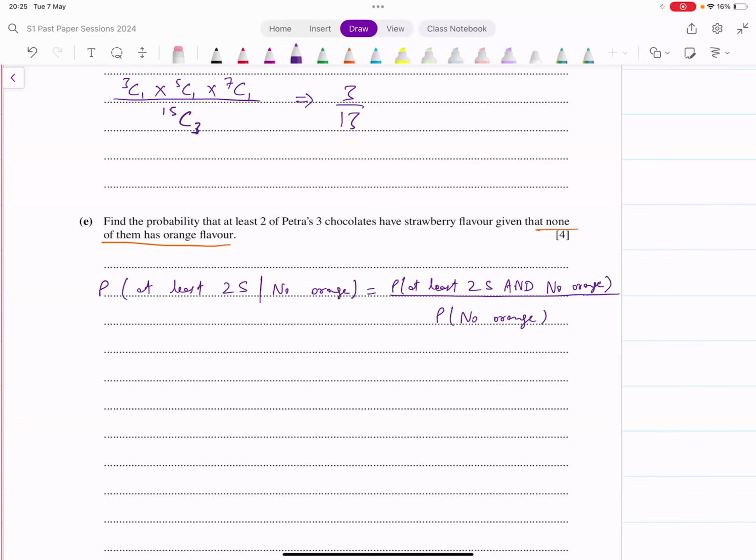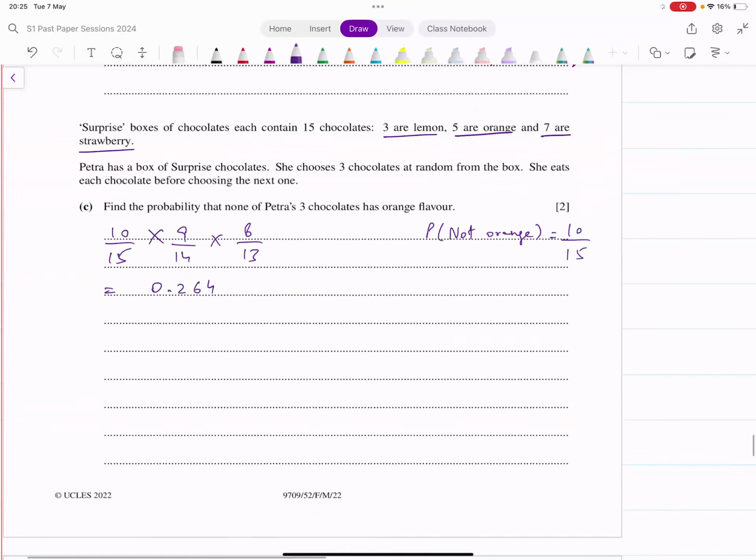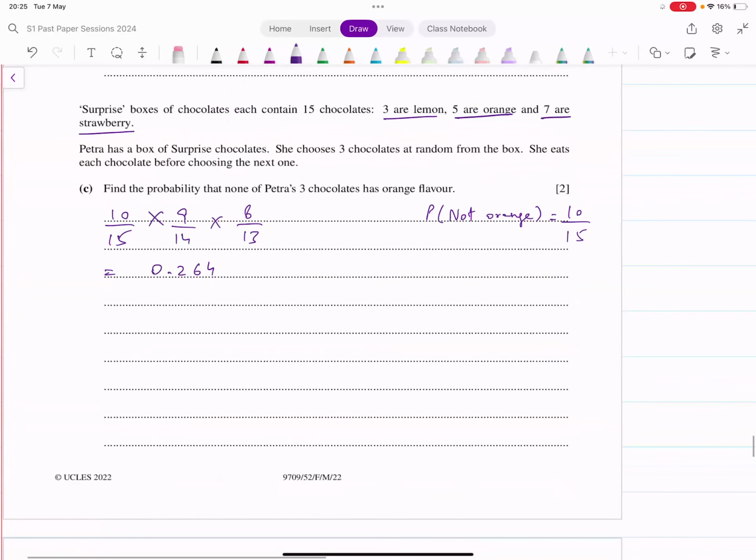In how many ways can we do this now? We have already calculated the probability of having no orange chocolates above. The probability of having no orange chocolates was 0.264. Or you can use an exact number for this, whatever that exact number was. What was this exact number?